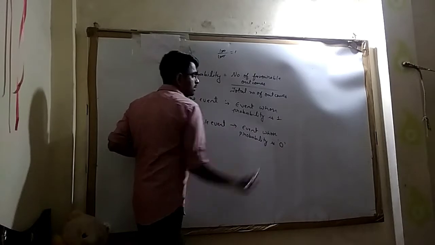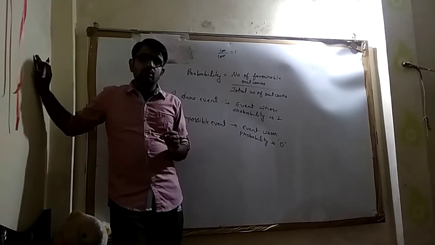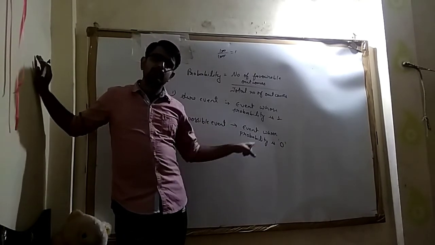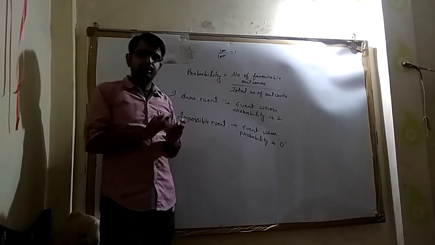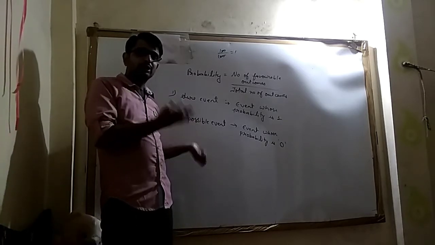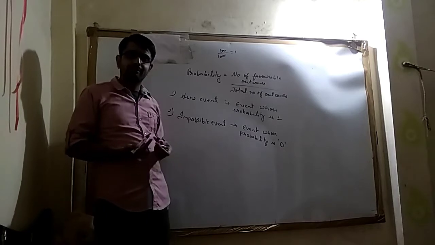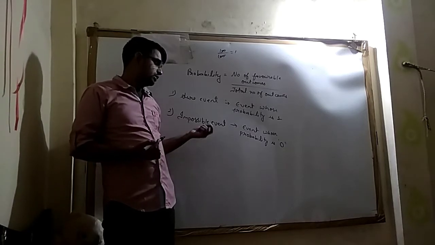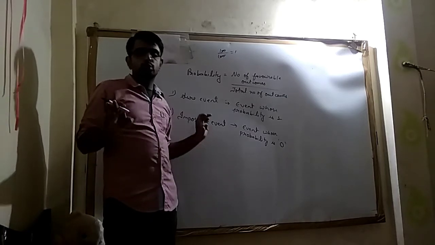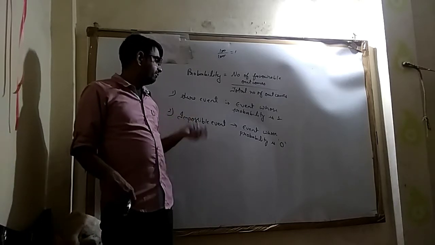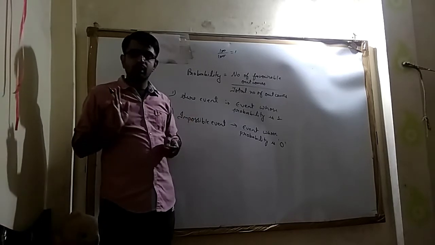Okay, there are two things. Any event whose probability is 1 is a sure event, and any event whose probability is 0 is an impossible event. Impossible event, it is not going to happen. Sure event, definitely it will happen.